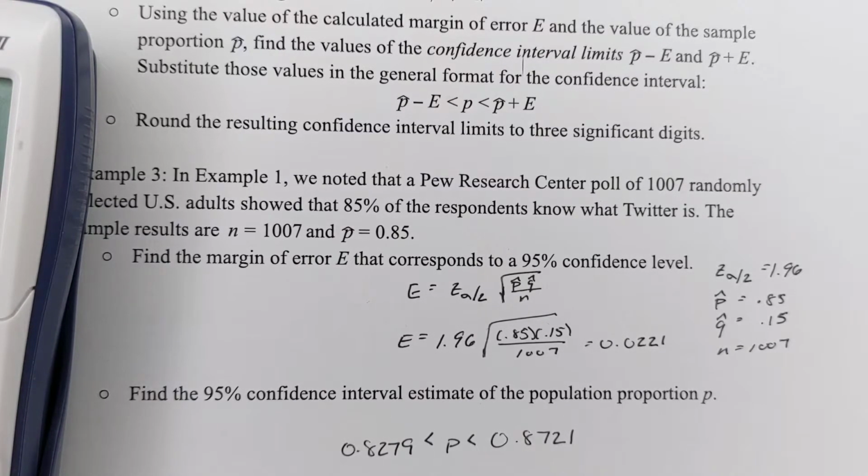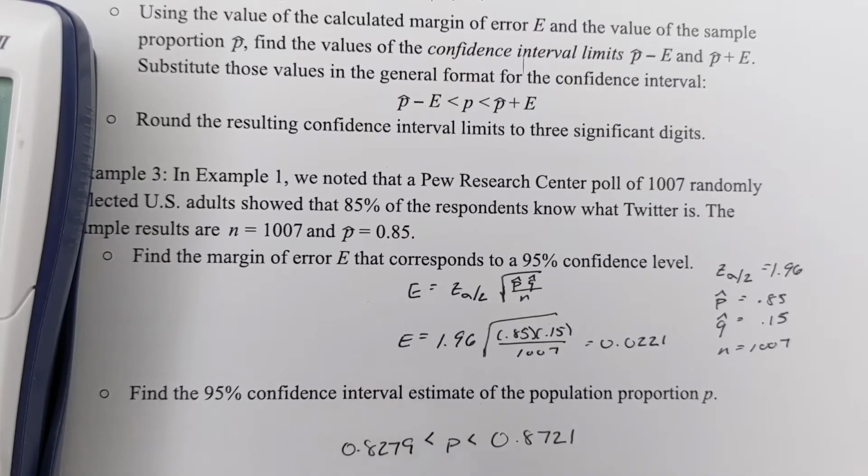Because our confidence interval ranges between 0.8279 and 0.8721, which is 83% to 87%, we can say that is an accurate statement to make, because even at our lowest end, it is more than 75%.